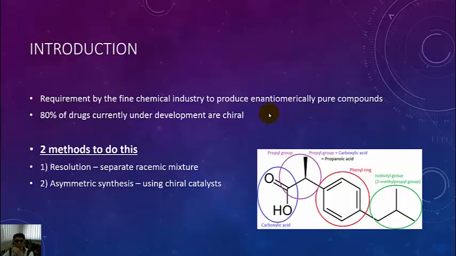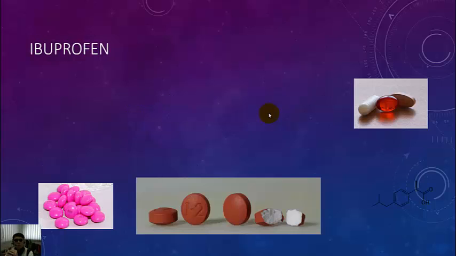In this experiment, you will examine the resolution process by isolating the medicinally active S-(+) ibuprofen enantiomer from a racemic mixture. Ibuprofen belongs to a class of pharmaceuticals referred to as non-steroidal anti-inflammatory drugs, or in short, NSAIDs. It is the active ingredient of Motrin, Advil, Nuprin, along with their other generic equivalents.